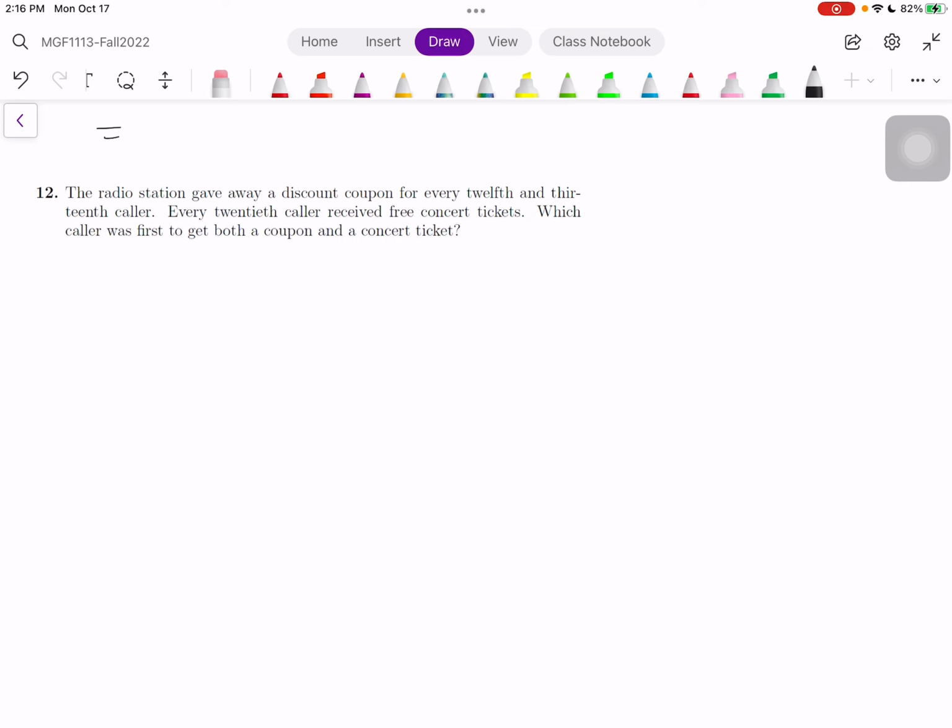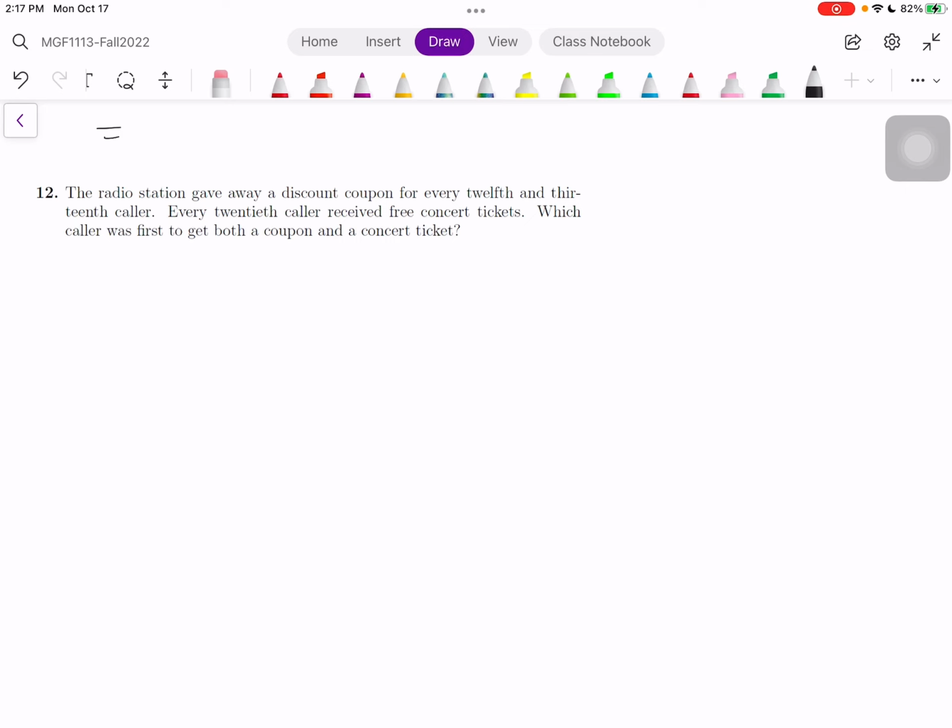So here the question is, every 12th and 13th receives the coupon, but every 20th receives a concert ticket. So people will call, and every multiple of 12, so the 12th caller gets the coupon, another 12, so the 24th caller will get a coupon again, and so on.